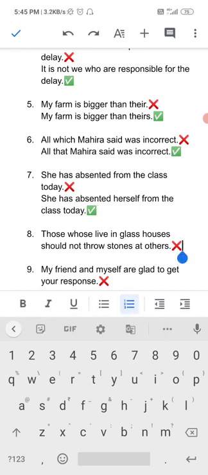Question number 8. "Those who live in glass houses should not throw stones at others."